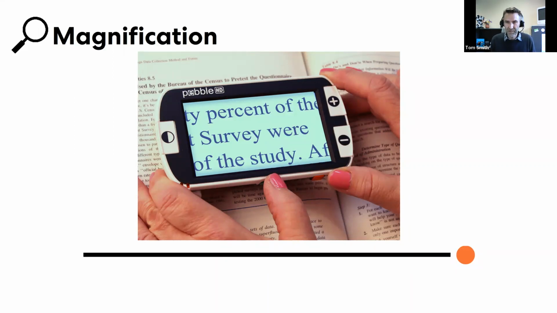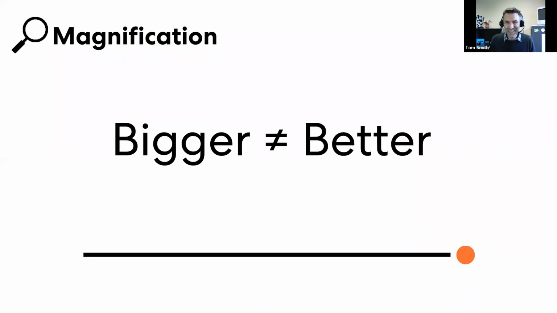But the big thing I wanted to get across with magnification is that bigger does not always equal better. So getting something, sticking it in the photocopier, increasing the magnification up to 200% or whatever, and then saying, there we go, I've made it accessible, isn't really going to work for a lot of people.